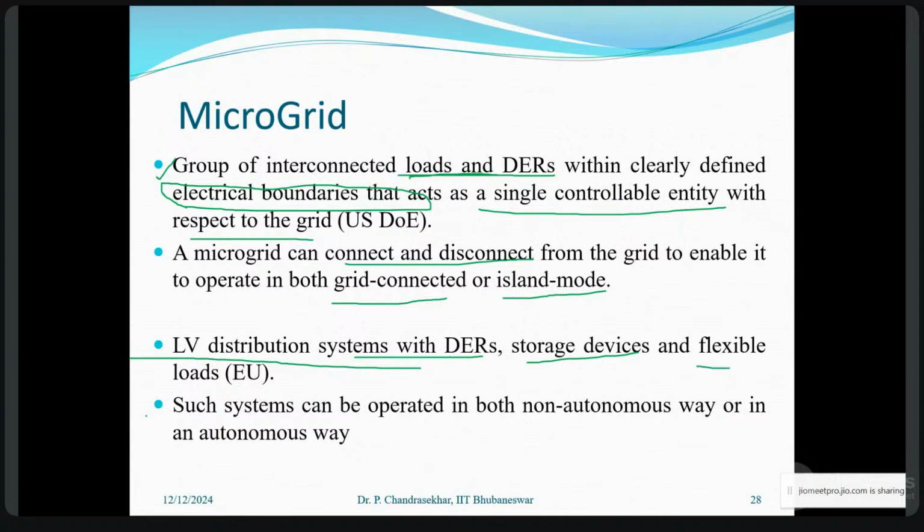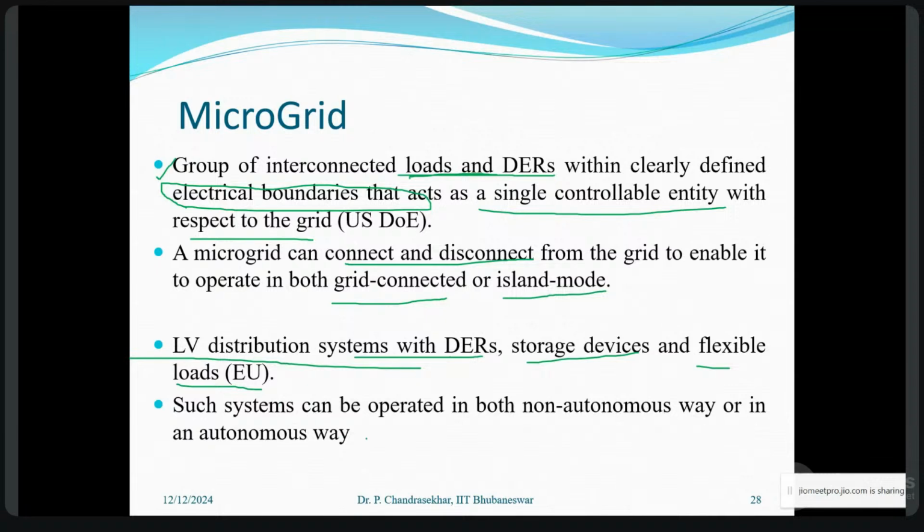This definition is more inclusive compared with the other. The distribution network should be an LV network with multiple distributed energy resources, storage units, and flexible loads, and we should be able to exercise demand side management.